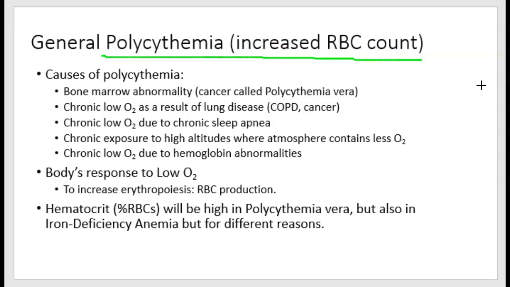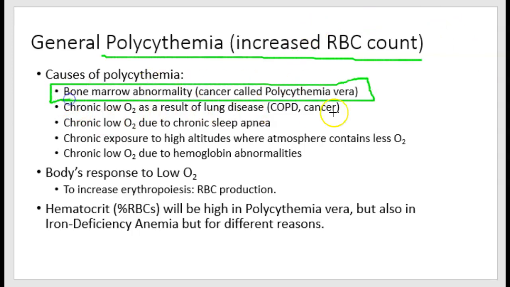Now there's a lot of causes for high red blood cell counts. One could be this bone marrow cancer that I'm going to talk about. It's called polycythemia vera. But other things can lead to an increased red blood cell count.